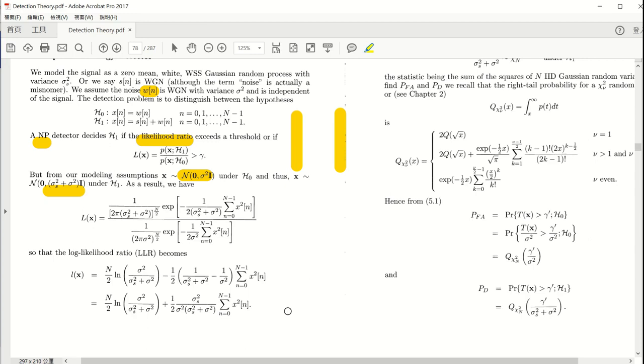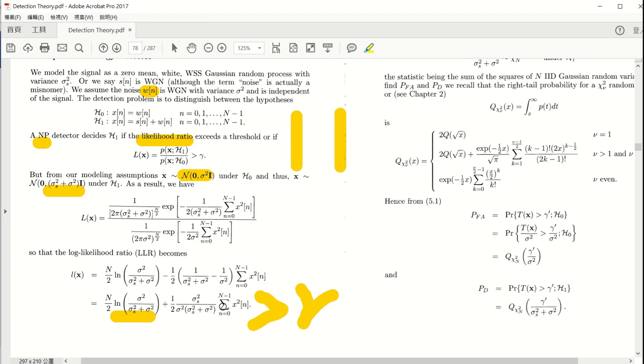We will just put it at the right hand side. Let me write it down. We are going to set this to gamma. Then you put this term to the right hand side and rename it. You put this term at the right hand side, you rename it.